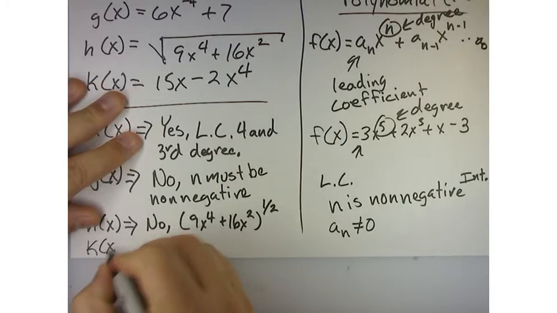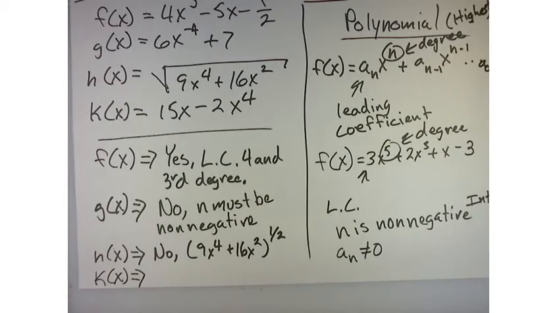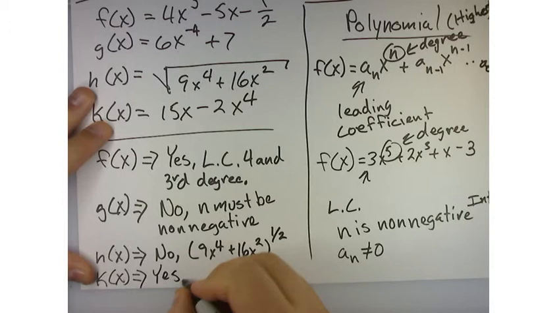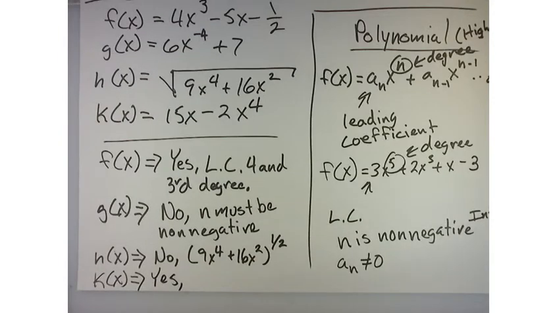Okay? What about k of x? Is that a polynomial? Yes, it is. Positive powers of x. However, what's the leading coefficient? Well, we got two terms. So by show of hands, how many people think that the leading coefficient is 15? Raise your hands. How many people think that it's -2? It's -2. Why?